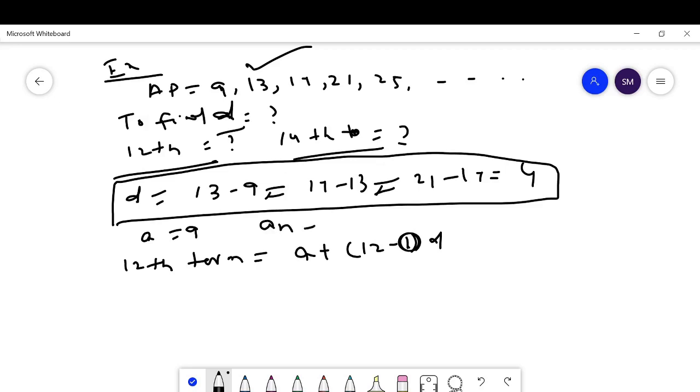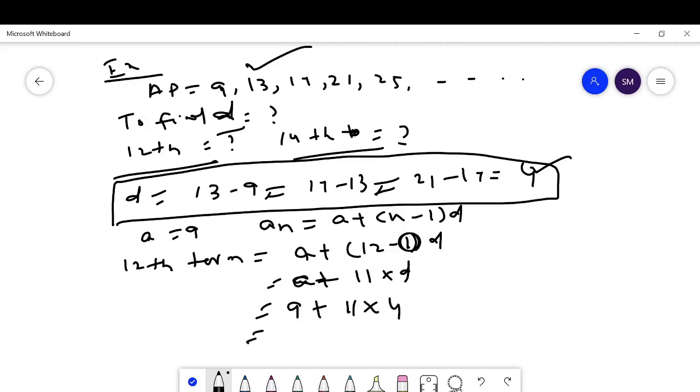As we know, in an AP the nth term is a plus n minus 1 into d. So the 12th term is a plus 11 into d. Here a is 9 plus 11 into 4. Then 9 plus 44 is equal to 53. The 12th term is 53.